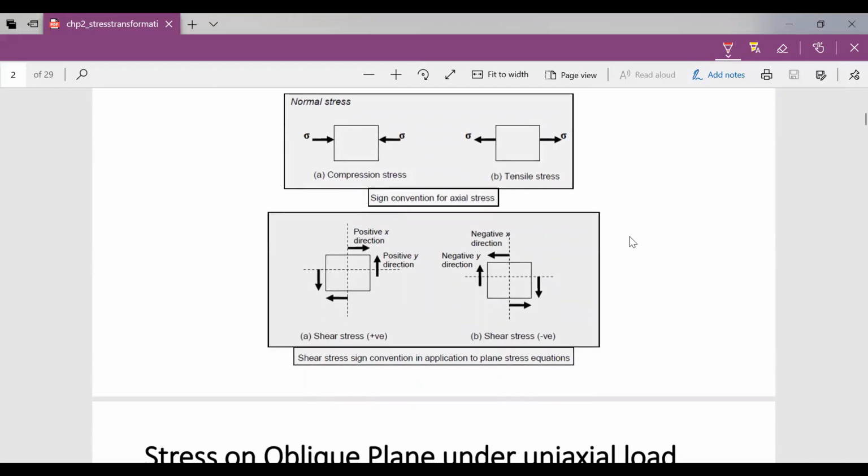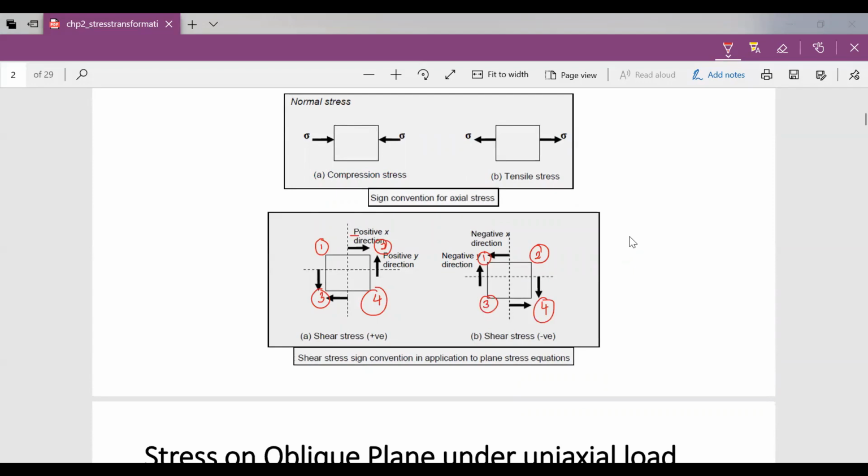The shear stress is positive when the direction is to the right and up. Similarly, I always name the faces for my students 1, 2, 3, 4.